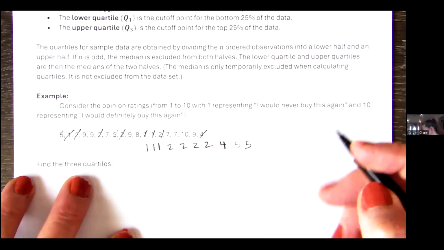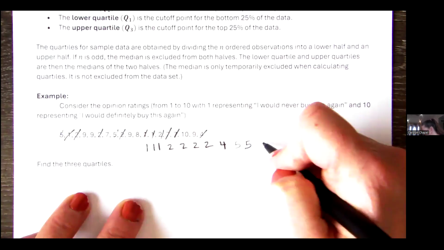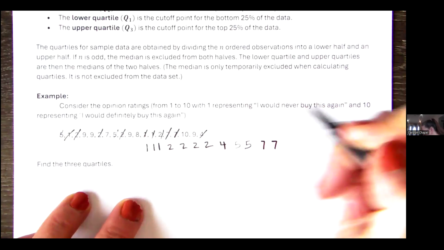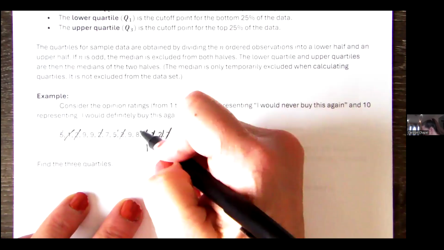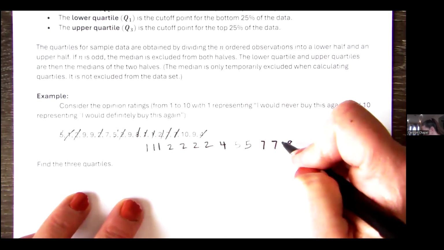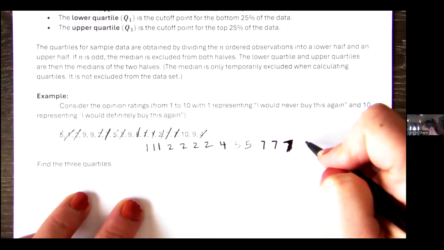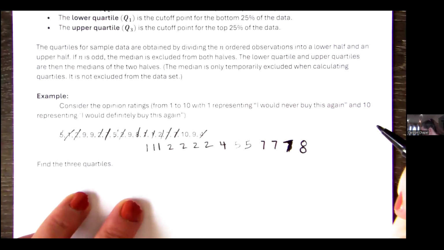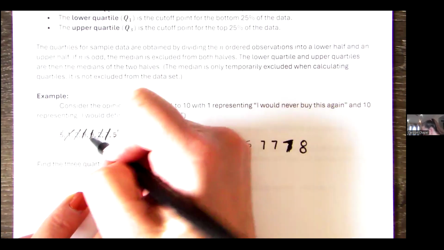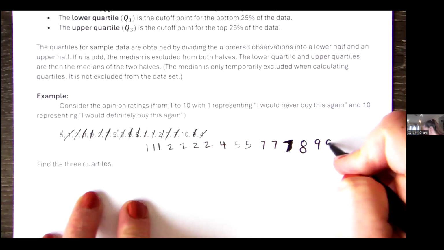I see two 7s. I see one 8. Oops, there's another 7. Let me squeeze it in. Change that to a 7, then my 8. And I have four 9s.